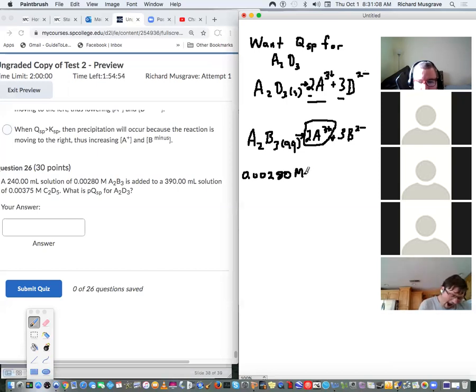0.00280 molar A2B3 times 2 moles of A3+ over 1 mole of A2B3.